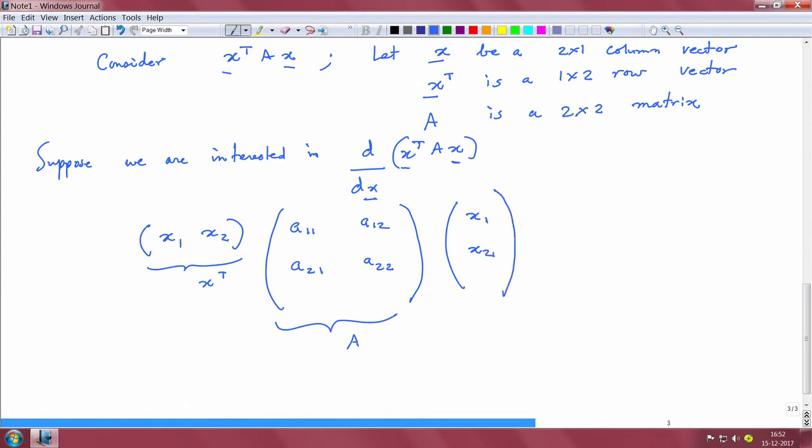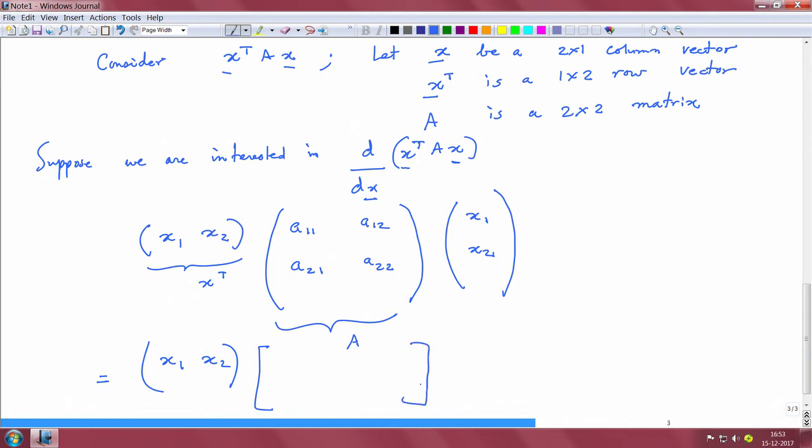Now if I compute this quantity, I get basically x1 x2. Let us do an interim step.